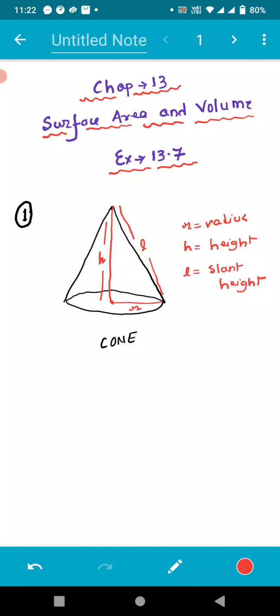Now we will find out the volume of the right circular cone. What is the volume of a right circular cone? The volume of a cone is equal to 1 by 3 pi r square h.